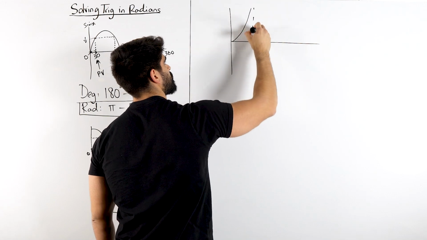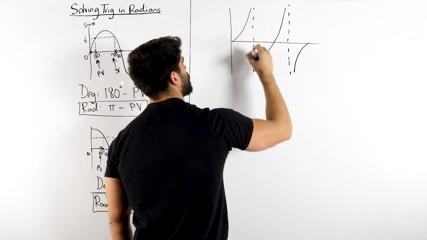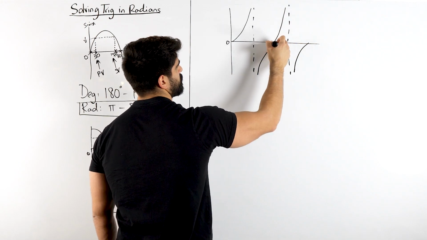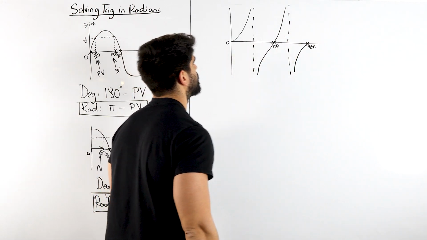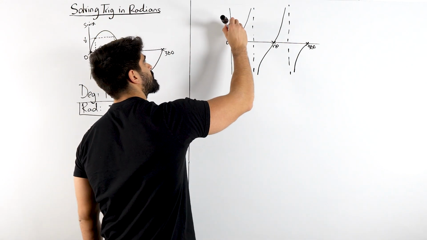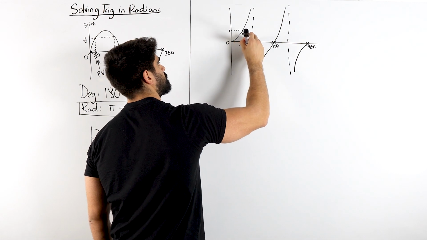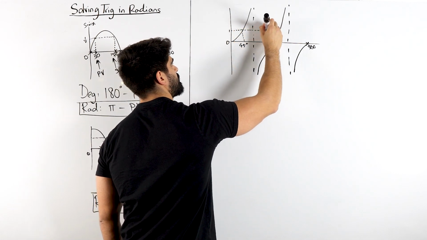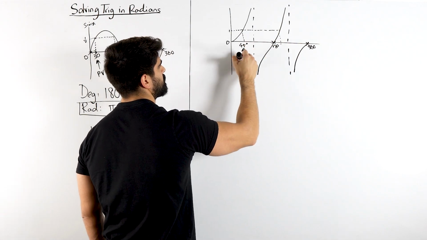So the tan graph looks like this between 0 and 360. So we have 0. This would be 180. And this is 360. Okay? For this sake, I'm going to do inverse tan of 1. Now, inverse tan of 1 is 45. Now, where else do you see this point? Is over here. So this is our primary value.